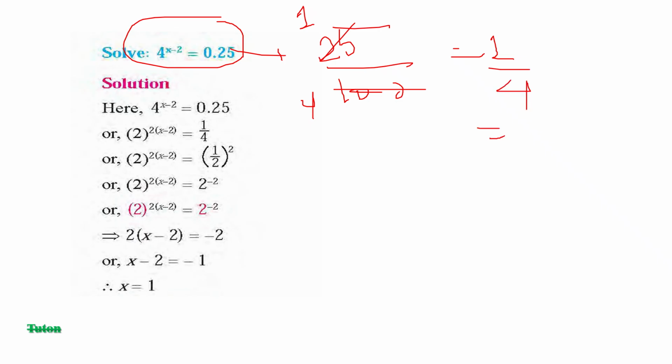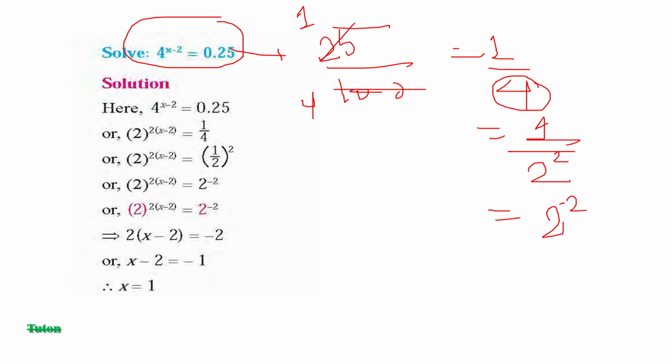To convert this 4 in terms of 2, we have 2 to the power 2 is equal to 4, and similarly we can write 1 by 4 as 1 by 2 to the power 2, and this can be written as 2 to the power minus 2.